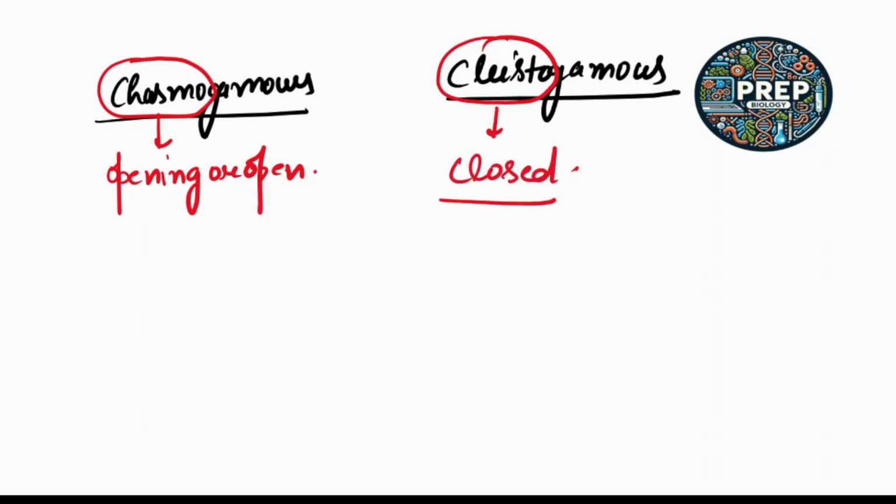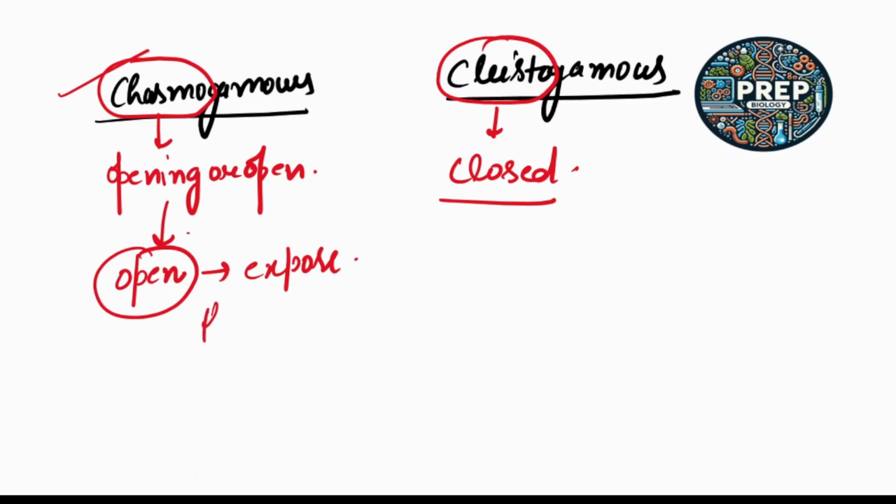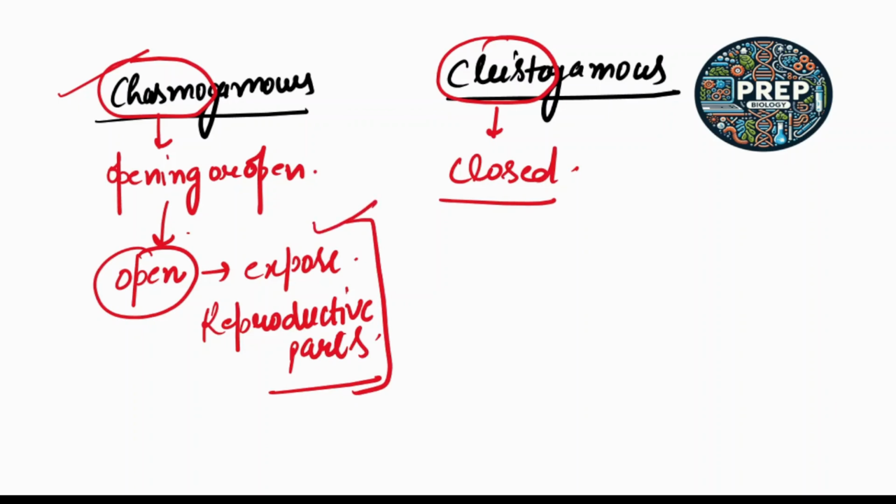So what are chasmogamous flowers? The flowers that are open, that expose their reproductive parts. Okay, the reproductive parts are visible. That type of flowers are called the chasmogamous flower.